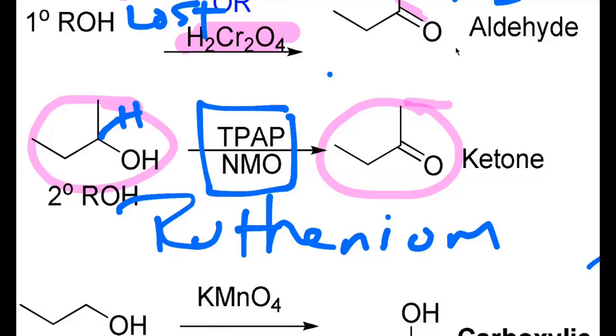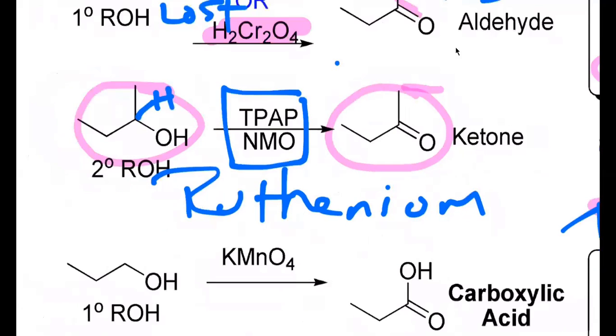Everything is going to fall into one of those categories. Everything's going to fall into either addition, elimination, substitution, or rearrangement. All of these oxidations are in essence elimination reactions, because you are creating a pi bond in the product. All right. Any questions so far? Everybody all right? Anybody jumped off the boat yet?